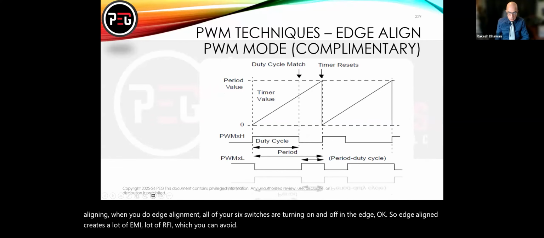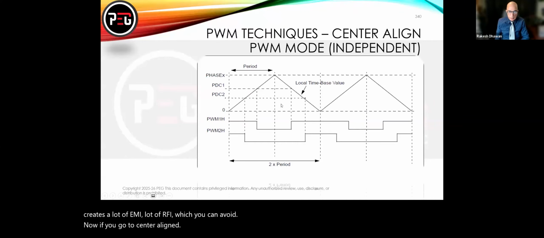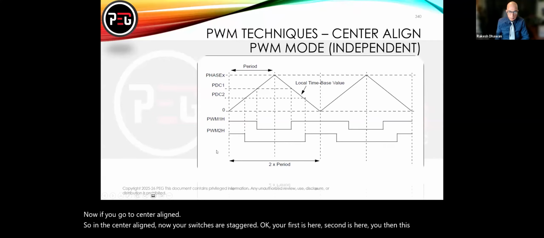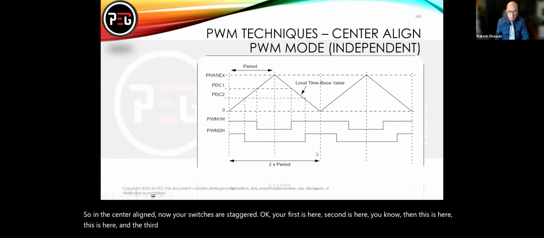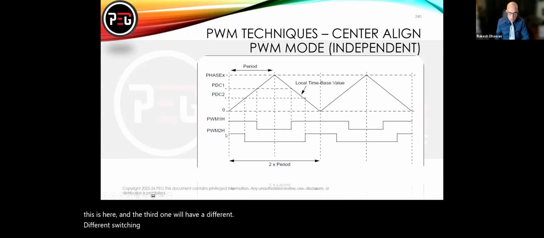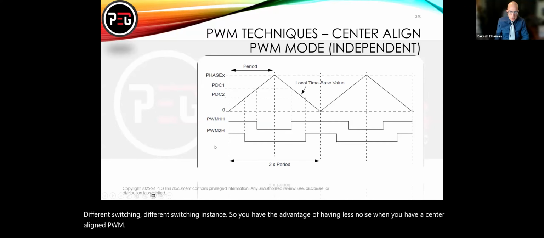Now, if you go to center aligned, your switches are staggered. Your first is here, second is here, then this is here, this is here, and the third one will have a different switching instance. So you have the advantage of having less noise when you have center aligned.